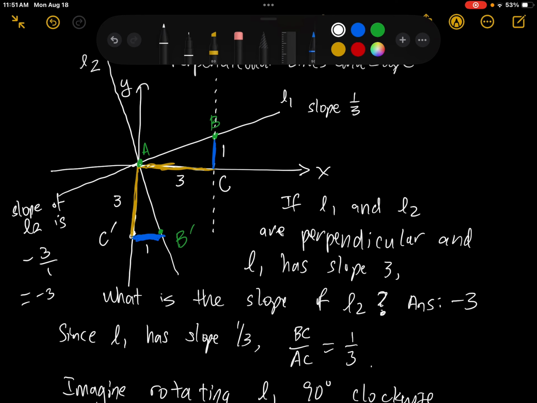And since the horizontal line turned into a vertical line, and the vertical line turned into a horizontal line, then when you calculate the slope of L2, you ended up taking the reciprocal, 3 over 1, except that there's also a minus sign because now the slope of L2 is negative. So that basically gives you an idea of what's going to happen in general. What happens if L1 has slope of 1/4? Then the slope of L2 will be negative 4.